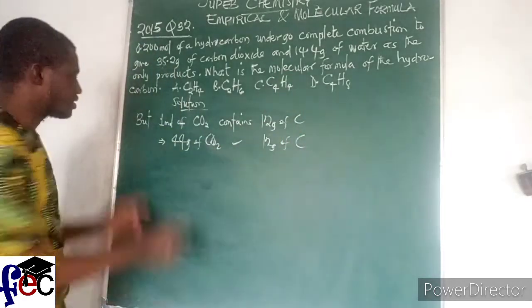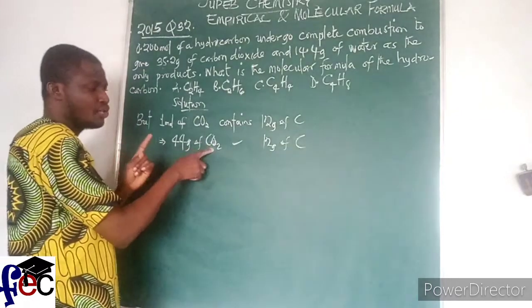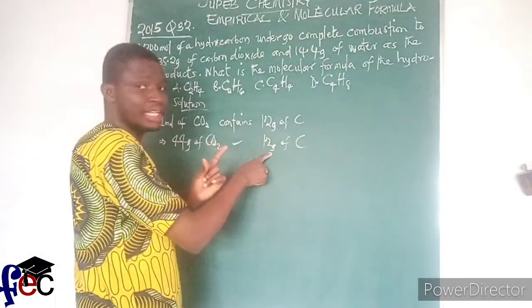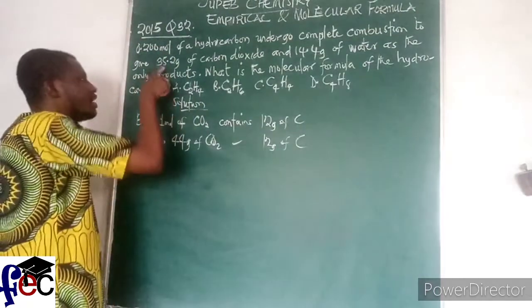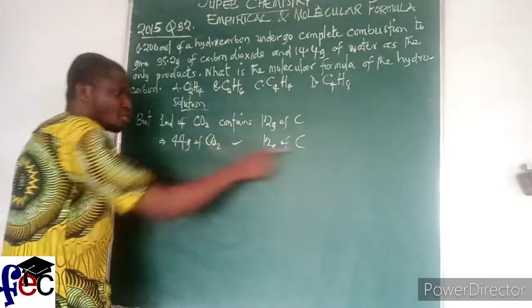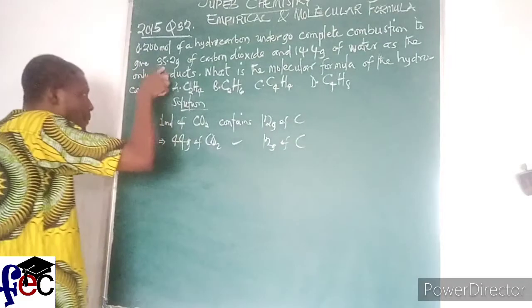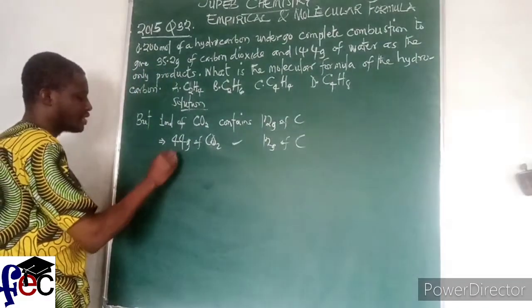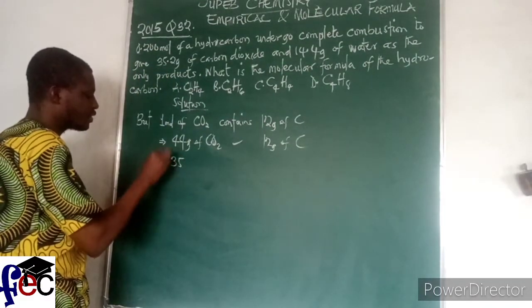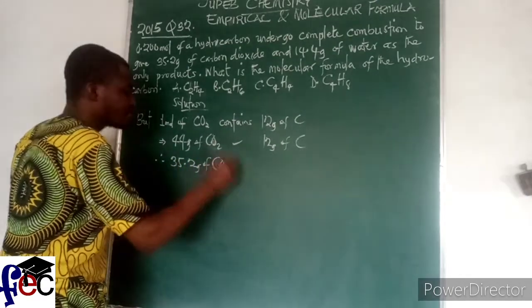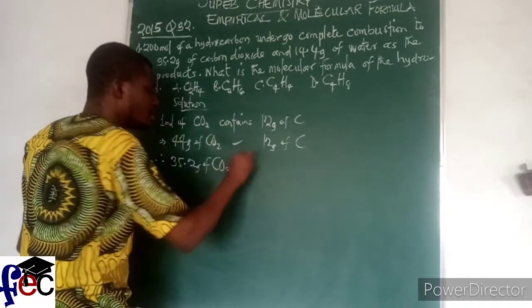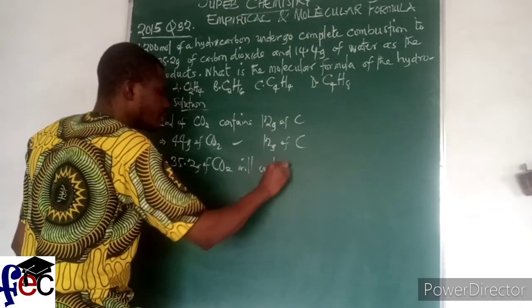So look at it. 44 grams of CO2 contains how many grams of carbon? 12 grams of carbon. So the next thing I'm going to do is, if 44 grams of CO2 contains 12 grams of carbon, how many grams will this one now contain? 35.2 grams of carbon dioxide will contain how many?